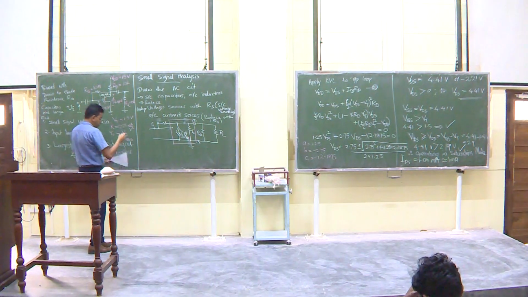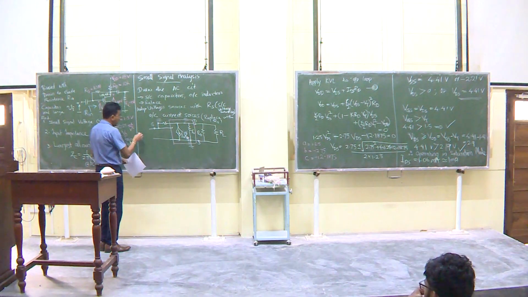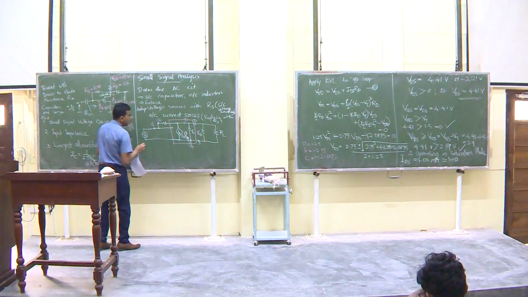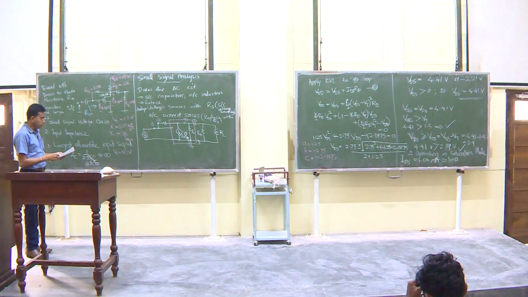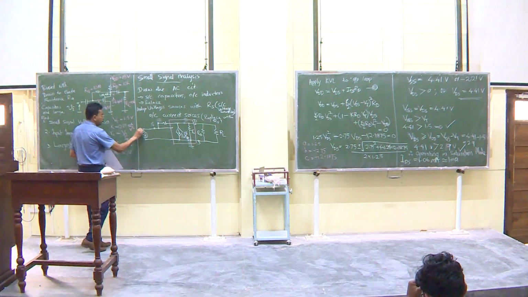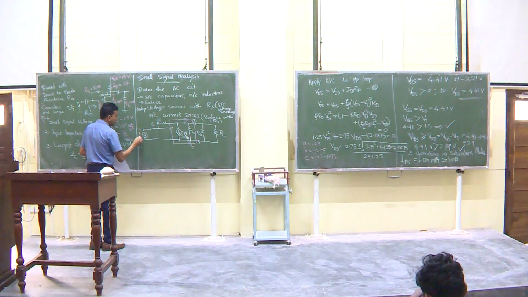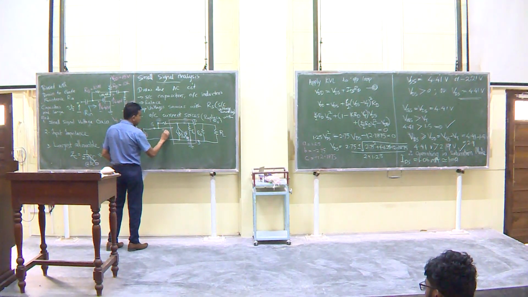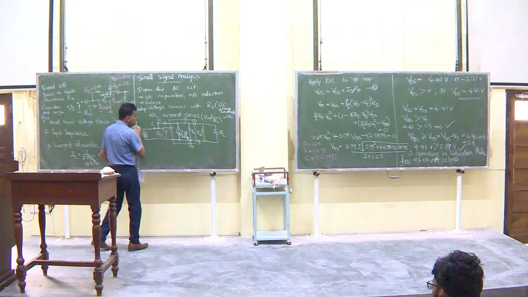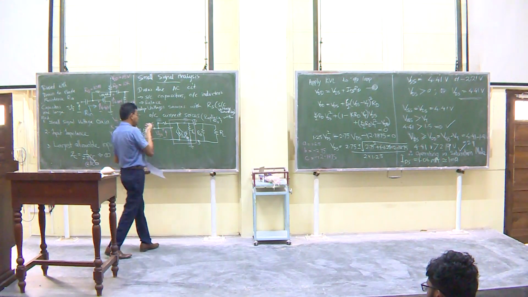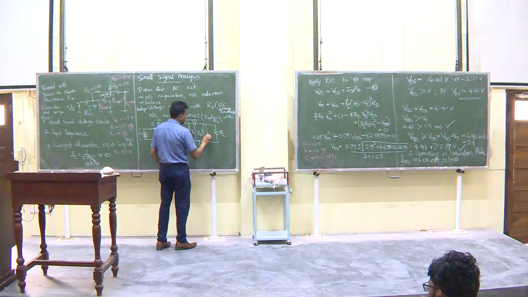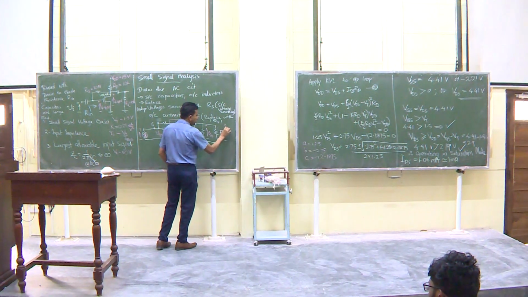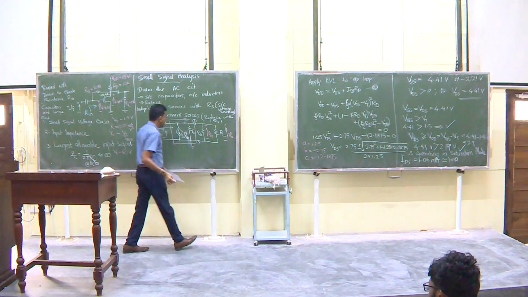And here you have the input voltage V in, like that. It's vi. vgs. vds, which is also equal to the V out.